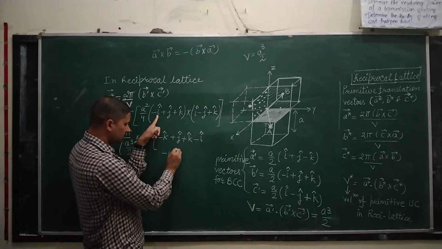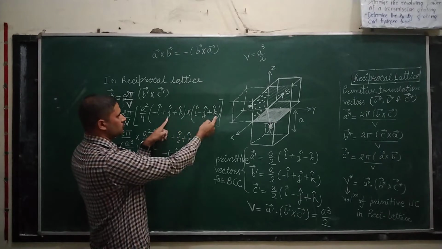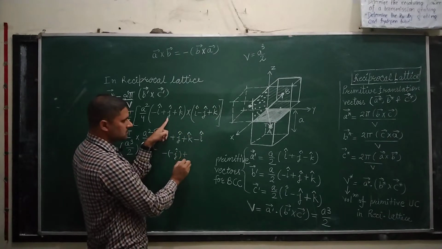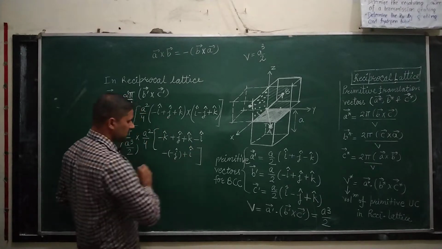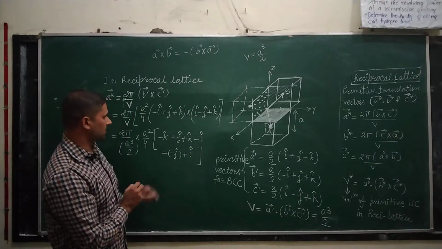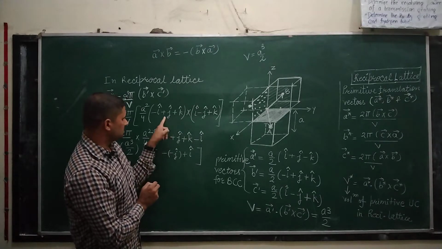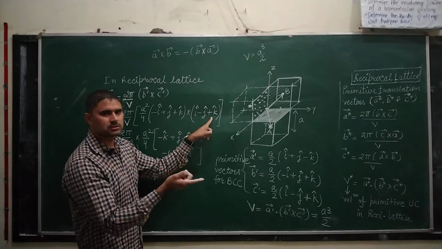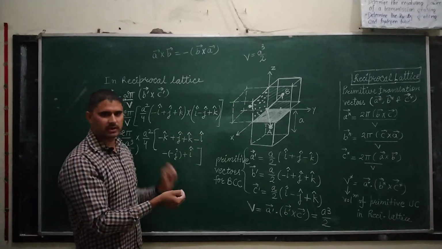Let me write it like this. Okay. Then j cross k, it will be plus I. So it will be plus I, bracket close. I think I have taken all components. Okay class. j cross k, this is plus I, and k cross k, it will be 0. I am not writing it.